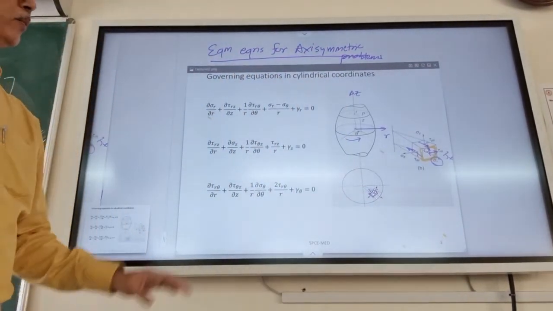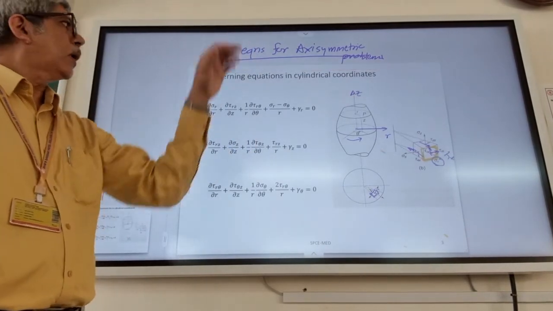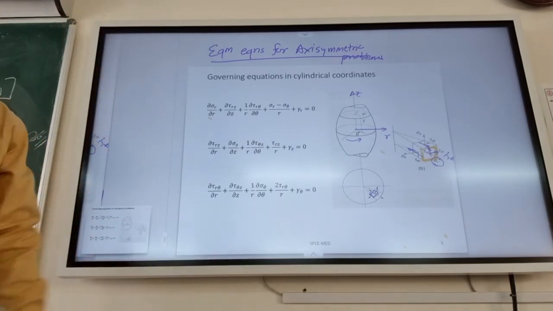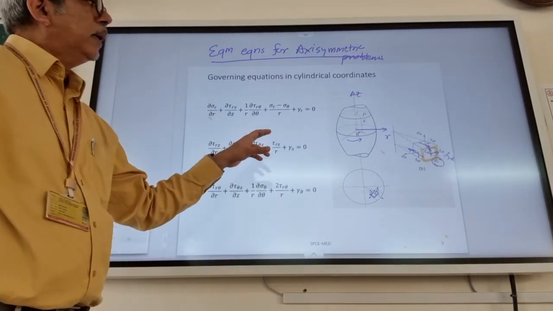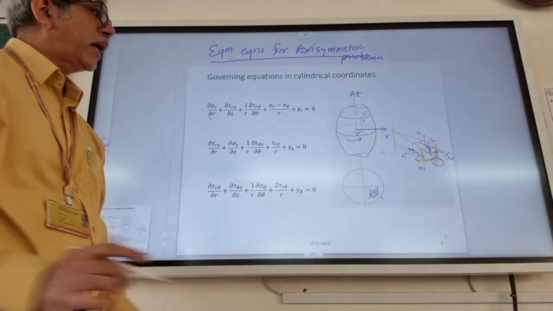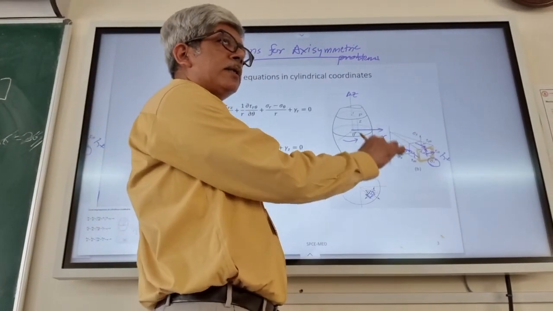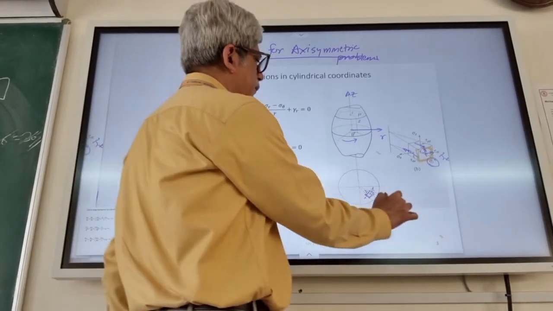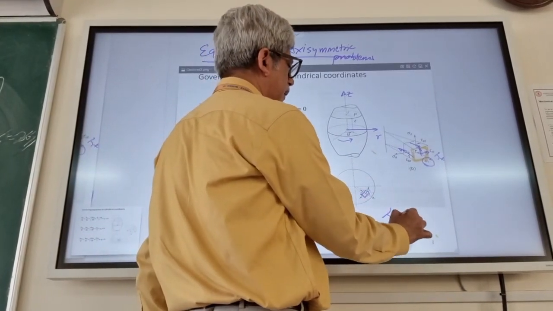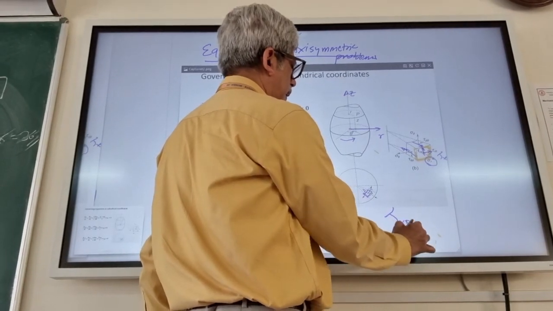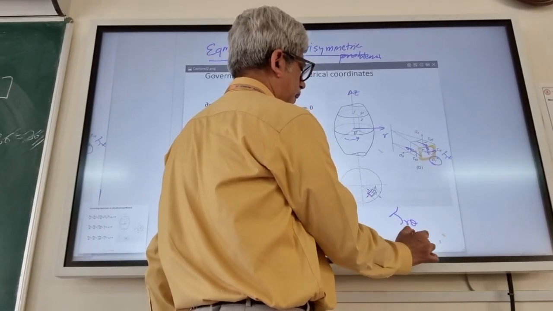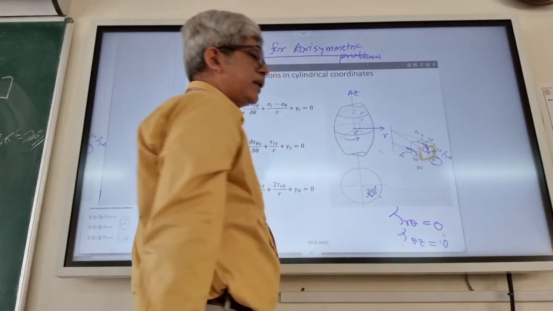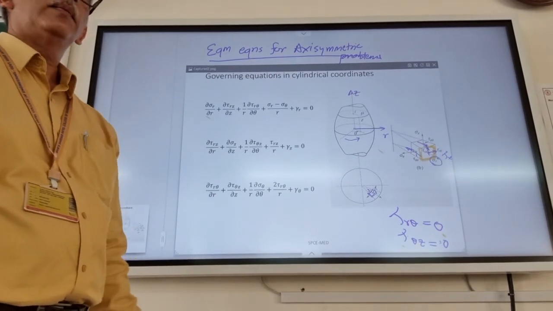For axisymmetric problems, since we are short of time, I will just quickly do it here, and in the next lecture we will have a more elaborate discussion. In the axisymmetric problem, since the loading as well as the geometry is axisymmetric, the components corresponding to the circumferential direction, that is tau r theta and tau theta z, will become 0.